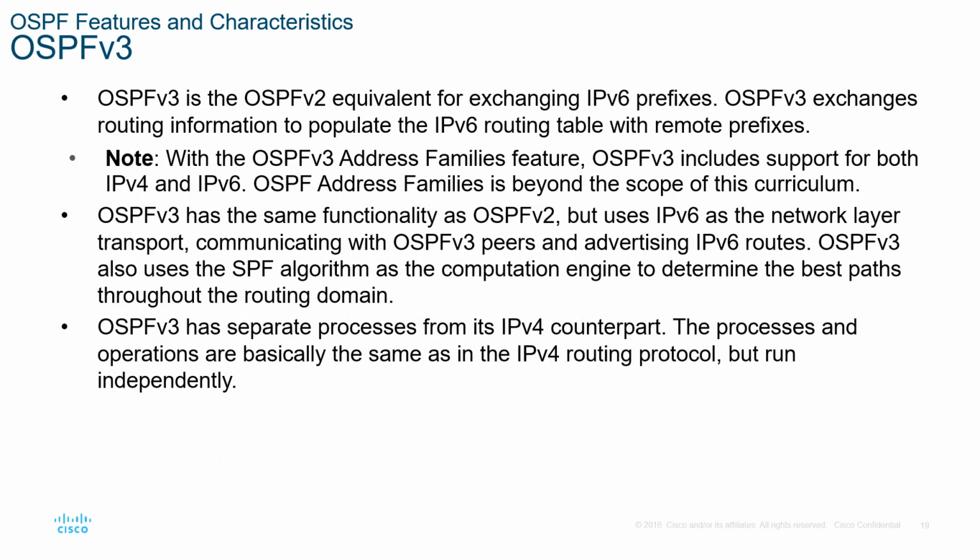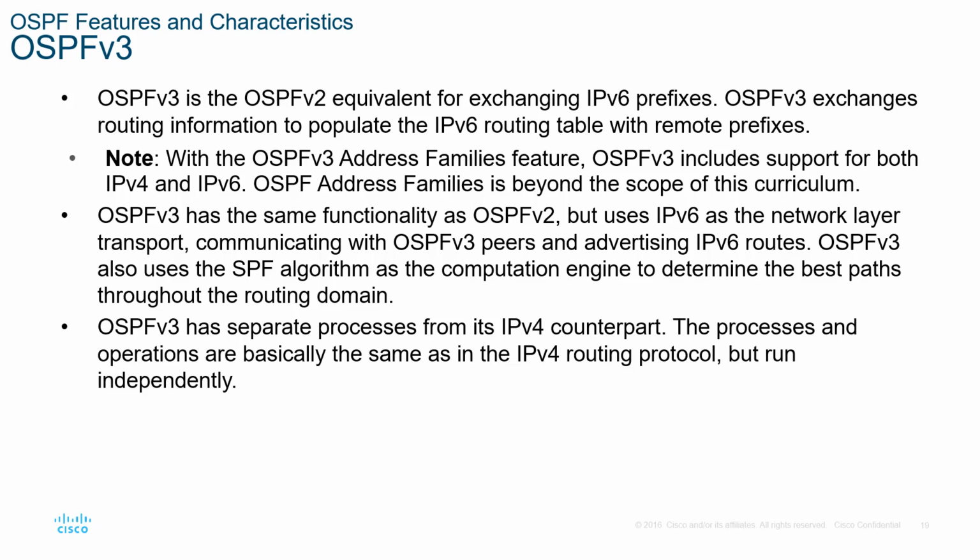So we were looking at OSPFv2 for the most part. Well, there is an OSPFv3, and that is specifically for IPv6. It will exchange router information to populate the IPv6 routing information with the remote prefixes.